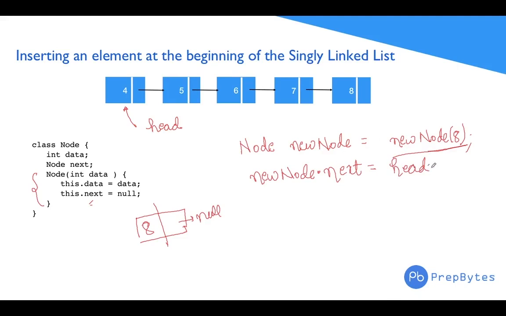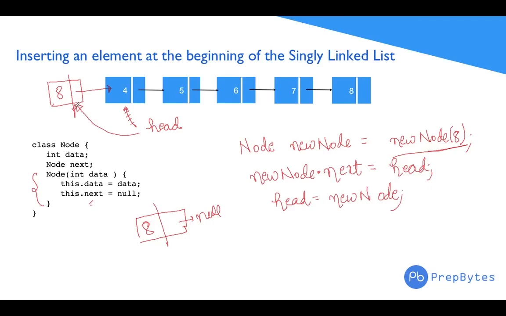What we have done till here is created a new node, and this new node's next is now pointing to this particular node. Now we have to update head. How do we update head? Head is equal to newNode. So now the head starts pointing to this new node.